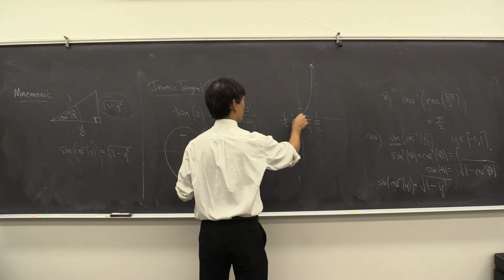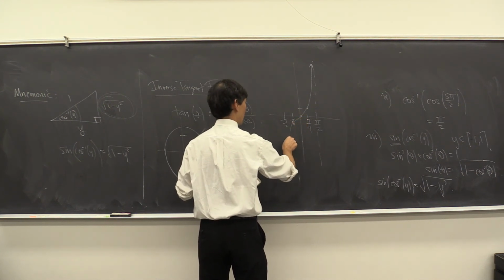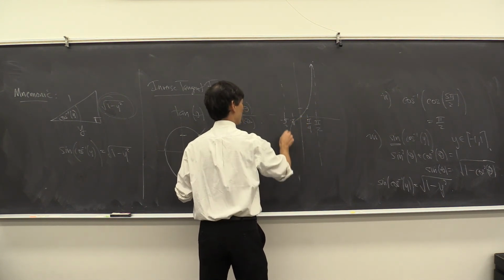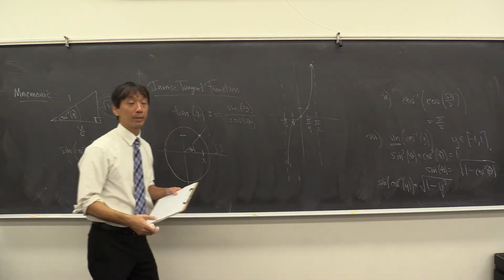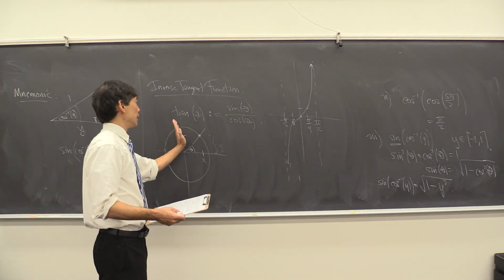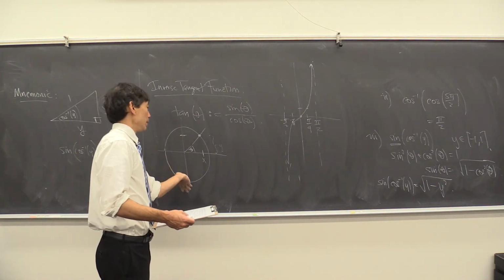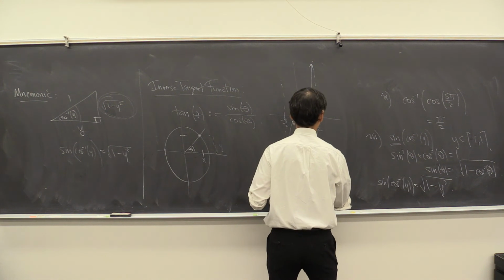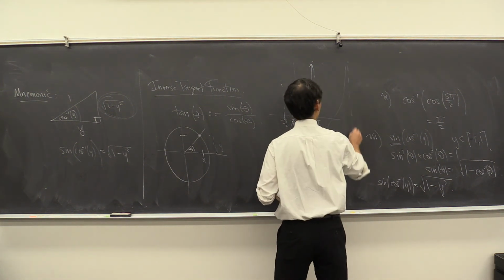It's an odd function, going down like this. Once you cross the line, you get back from negative infinity, head back to 0, et cetera. It actually repeats like this.